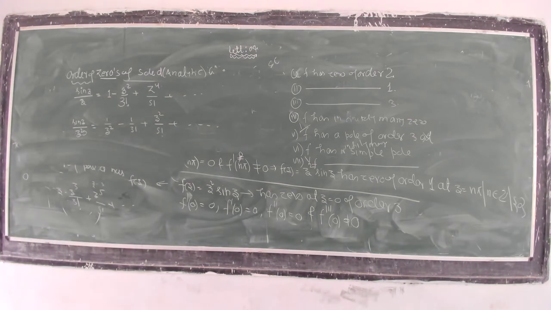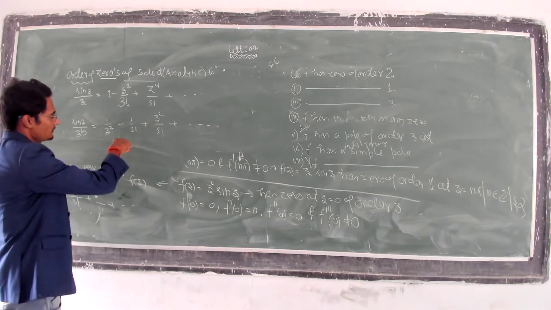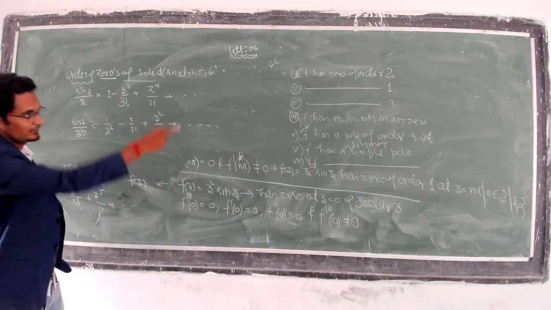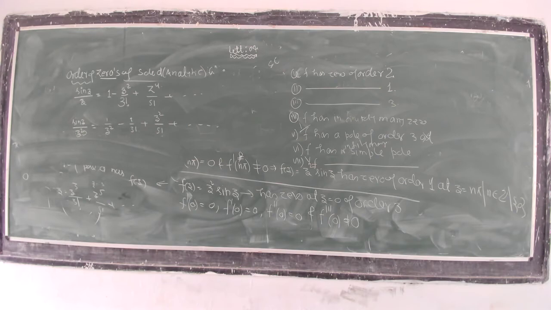I think last class. So yeah, 1 over z square, 1 over 3 factorial, these are the terms. Anyway, you give me the answer.